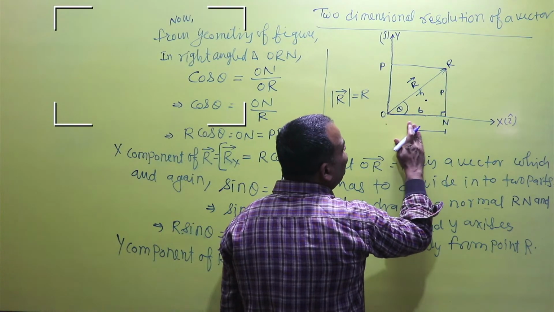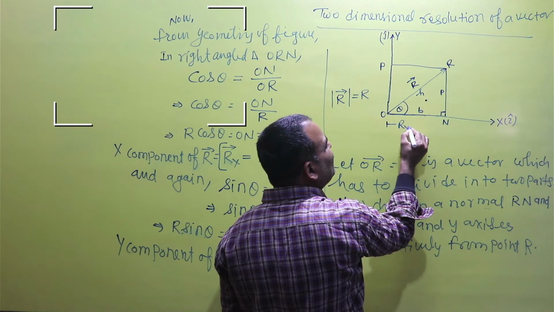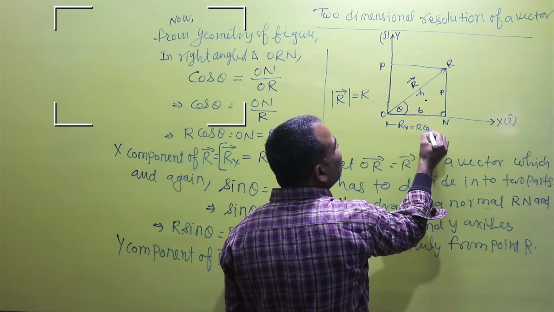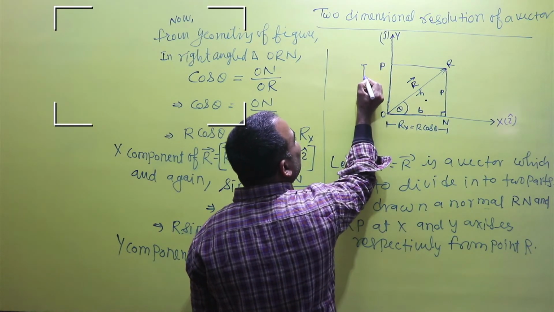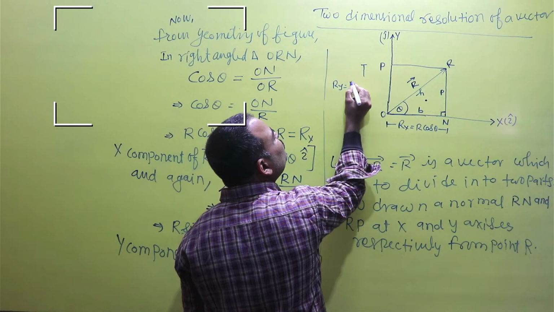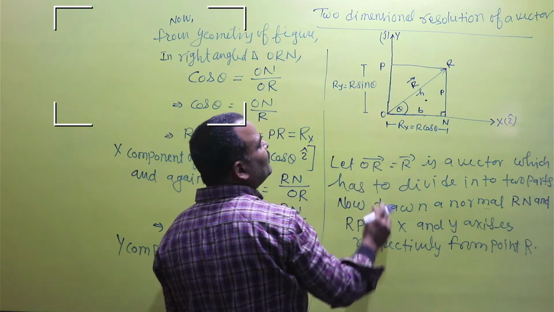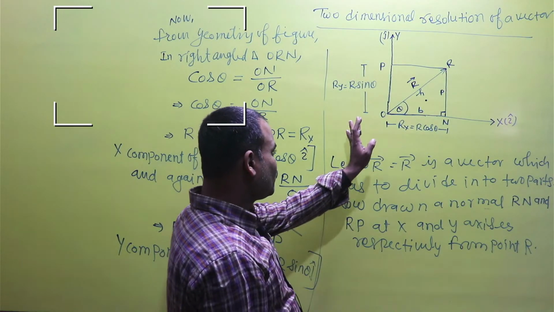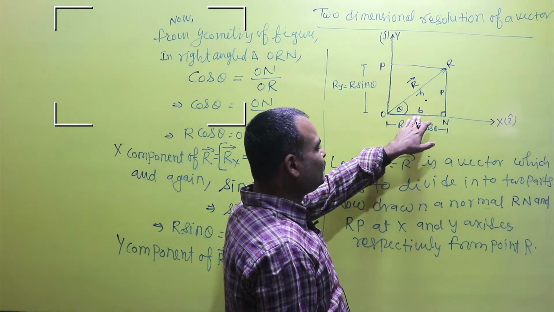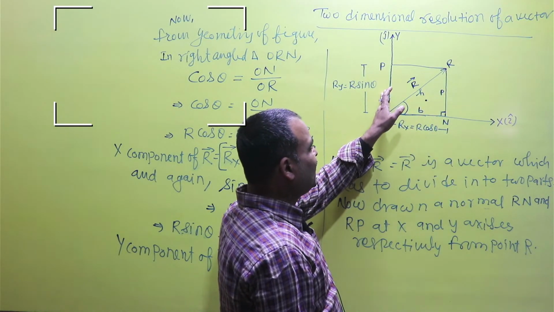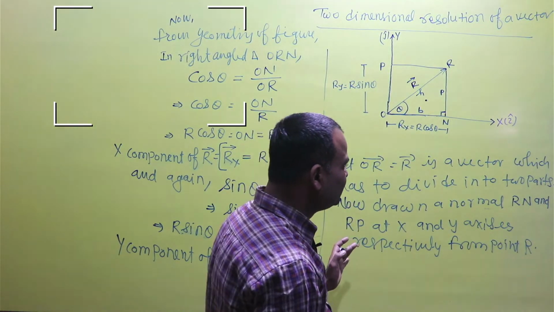So the x component of vector R is Rx, equal to R cos theta, and the y component of vector R is Ry, equal to R sine theta. So students, the vector R may be divided into two parts, R cos theta and R sine theta, along the x and y axes respectively.